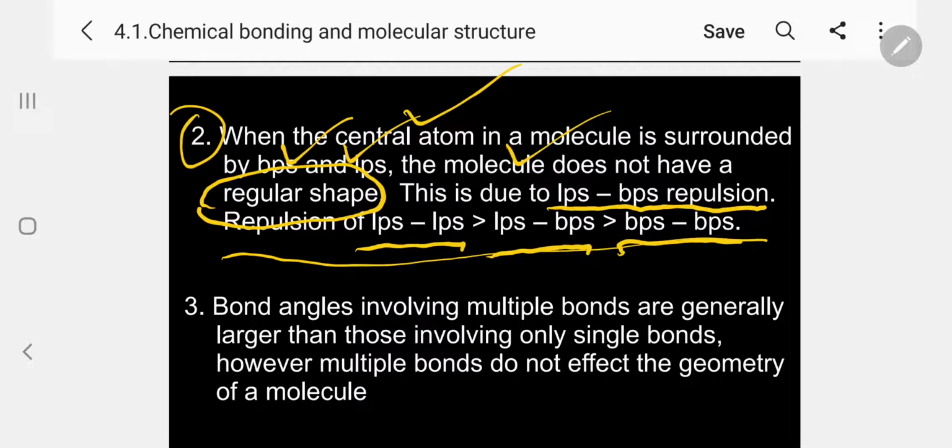Let me explain the other three postulates. Number 3, bond angles involving multiple bonds are generally larger than those involving only single bonds. However, multiple bonds do not affect the shape of a molecule. What is the meaning of this? If there are 2 bonds, kindly follow, one is pi bond, another is sigma bond. The pi bond will not affect the shape, only the sigma bond we have to take into account.